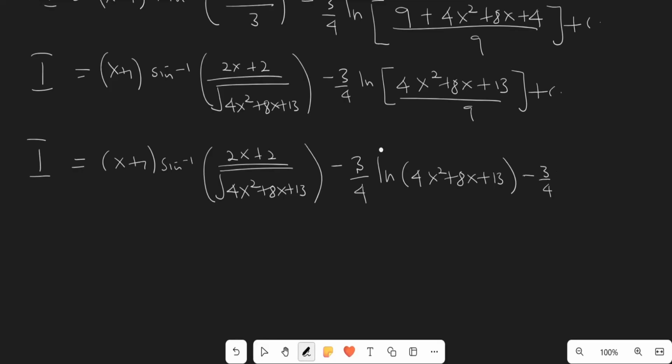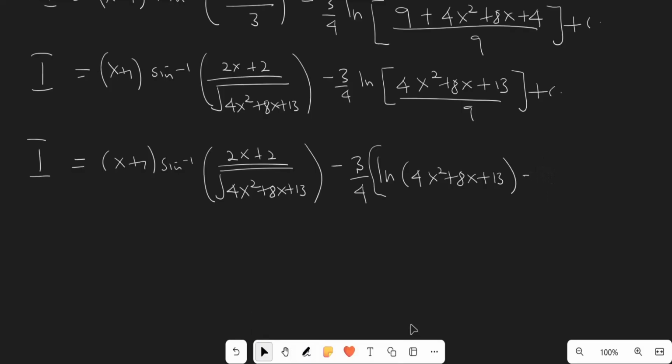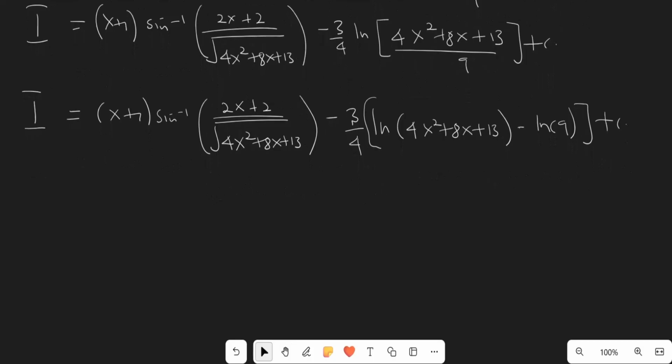So this is going to be 3 over 4, the ln of this guy. So I can clean this up. So 3 over 4, the ln of this minus the ln of 9, like this, plus the constant of integration. That is using the laws of logarithm.